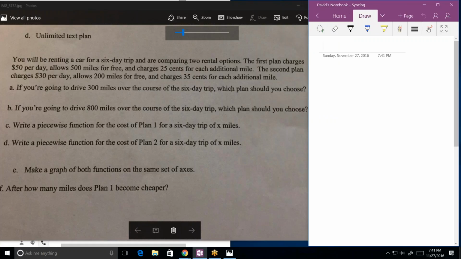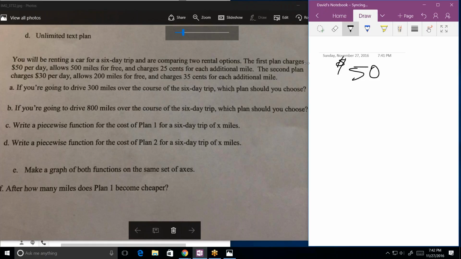All right. So if you're driving 300 miles on plan 1, what's the cost? $50. Okay. On plan 2, what's the cost? $65.